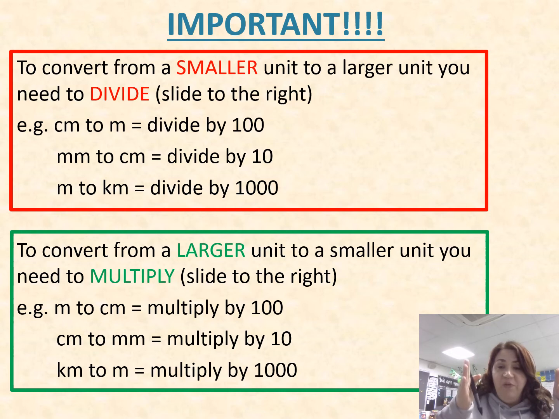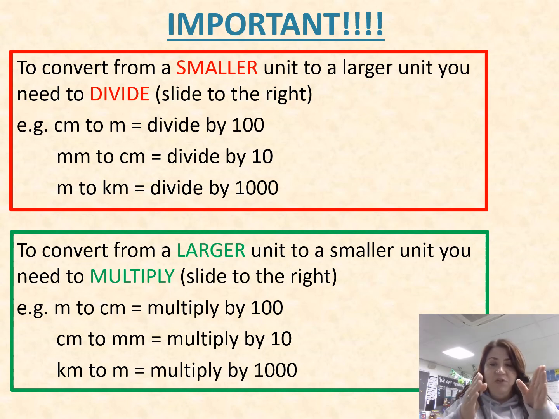But if you start with the bigger and you want to find the smaller, you multiply. So yesterday, when we started with centimetres and we wanted to find out the millimetres, we had to multiply. So if we had, for example, 3 centimetres and we wanted to find that in millimetres, because there are 10 of them in a centimetre, we had to multiply by 10.